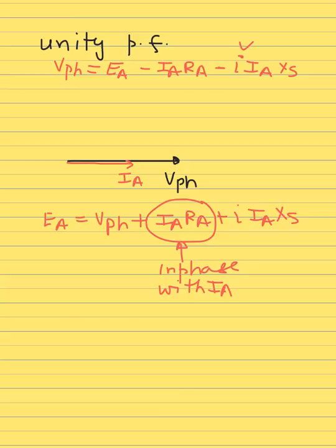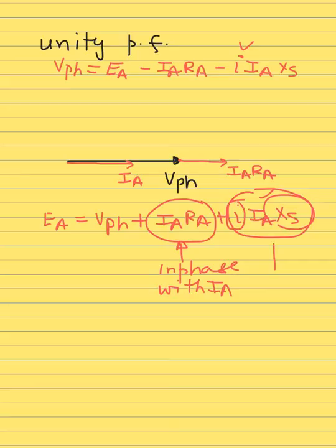So we're going to start from the end of V phase. So here is going to be the phasor IA RA. Then the next added term is j IA XS. Again, IA has its own angle, and XS contributes an angle of 90 degrees, as shown through this j.